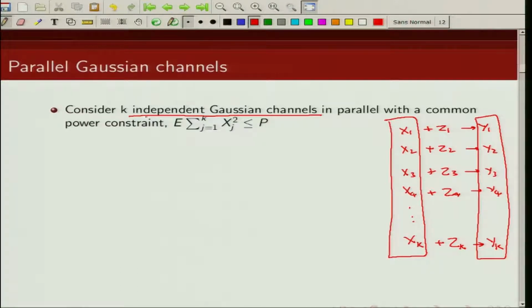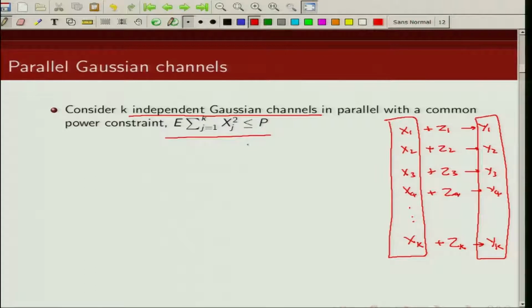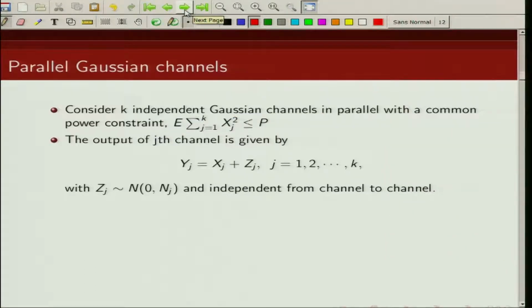We are considering k independent Gaussian channels in parallel, and they have a common power constraint, which is the expected value of x1 square plus x2 square plus x3 square up to xk square, that should be less than or equal to P. As we said, the output of the jth channel is given by xj plus zj, where j goes from 1 to k.